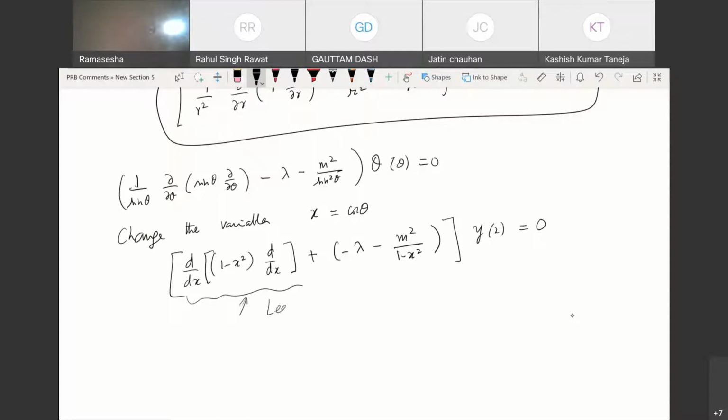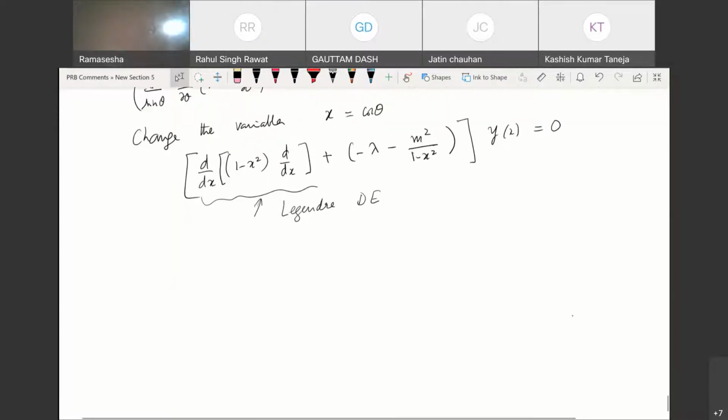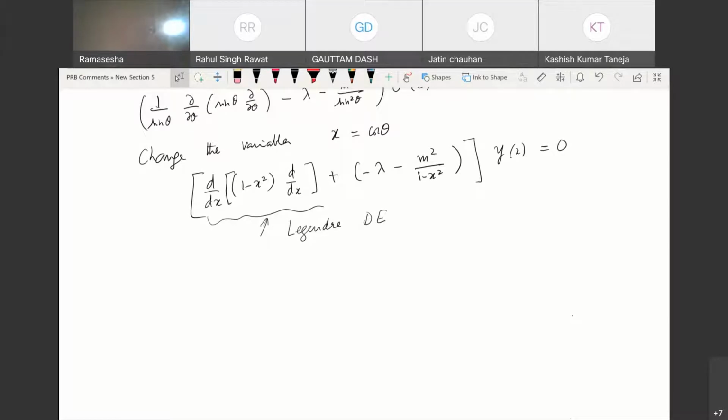The Legendre definition. We had something d by dx, only this part was. Now let us put this. Then now y of x equal to 1 minus x squared to the power m by 2 times u.